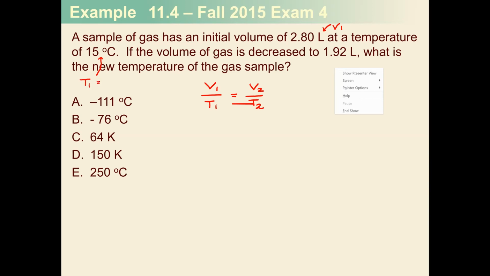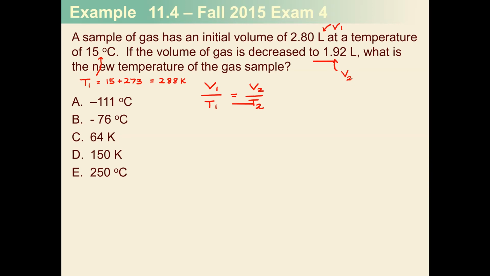Our T1 is actually going to be 15 plus 273, which should give you 288 K. Then our 1.92 liters is going to be our V2. So this means that we must solve for T2.